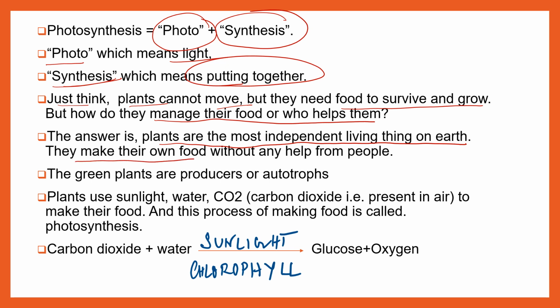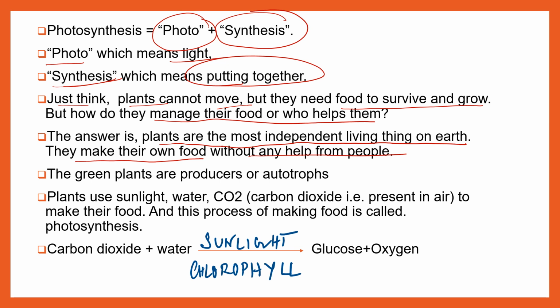They make their own food without the help of anyone. They have a kitchen in their own body. No need to go somewhere, buy vegetables and cook in your kitchen. They have their own kitchen within their body, and they take the raw ingredients from nature itself, from the air and the soil, and make the food within their body.